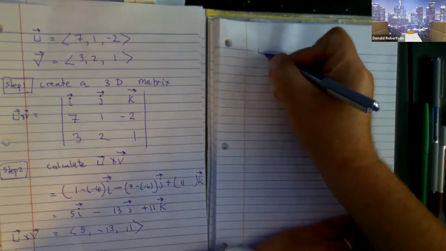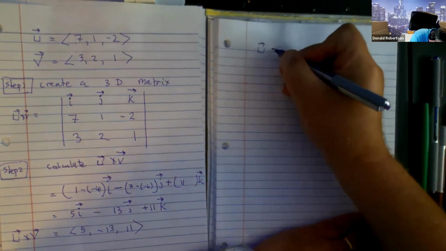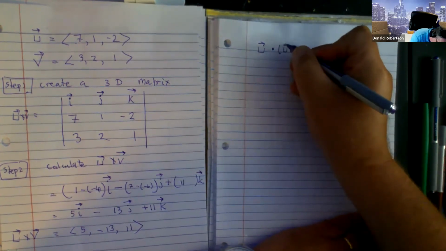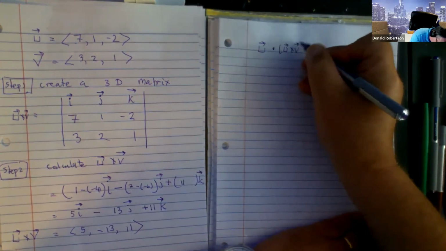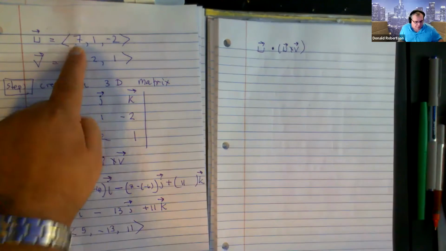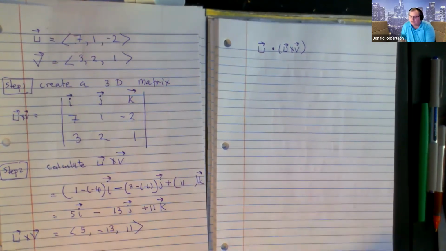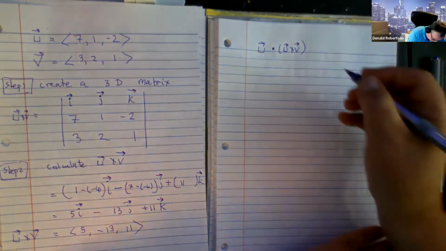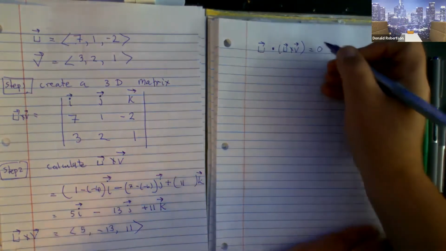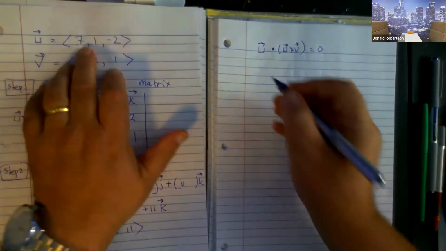So what would the dot product of this vector u with this guy be? Well, if it's orthogonal, shouldn't the dot product be 0? Right? So I'm about to, I hope, prove that I haven't screwed up.